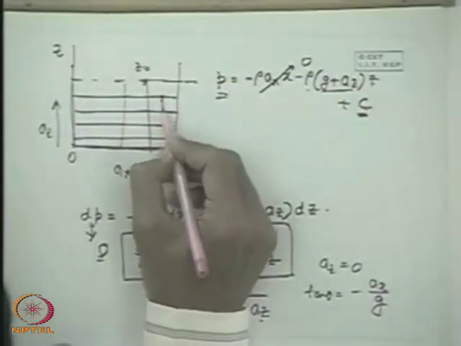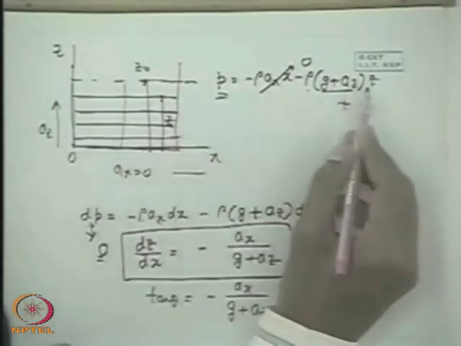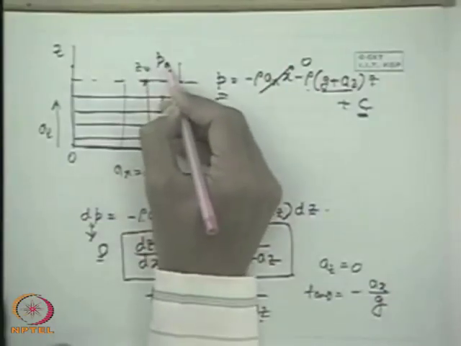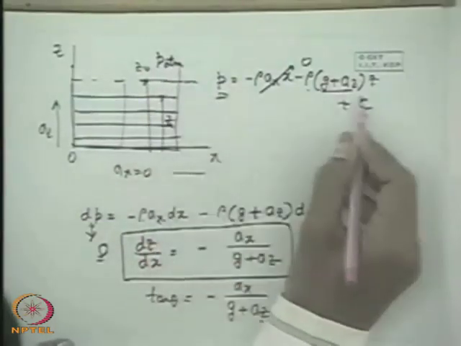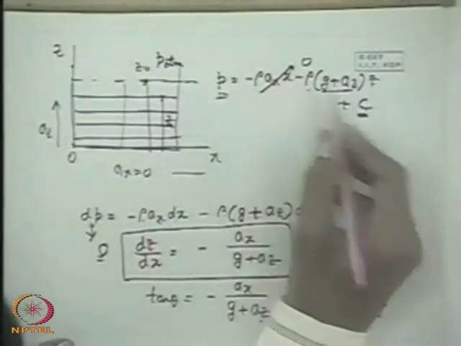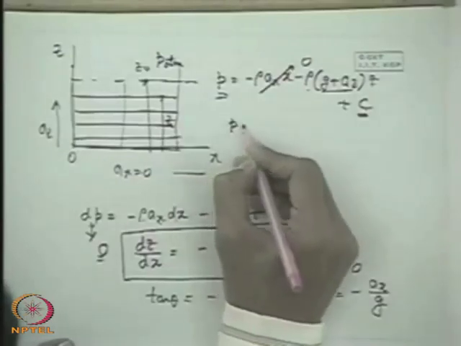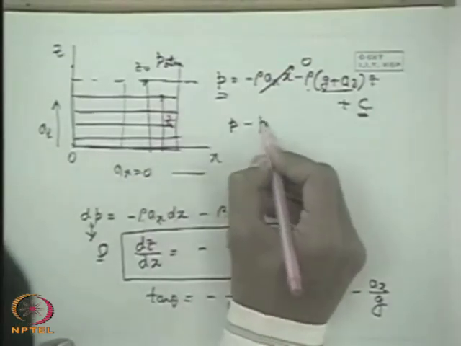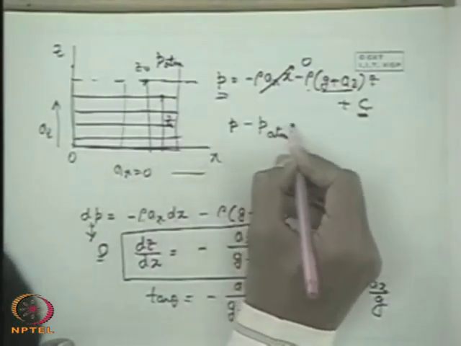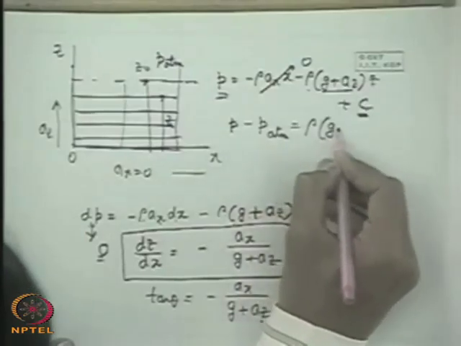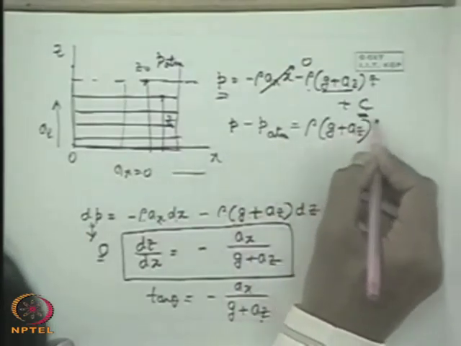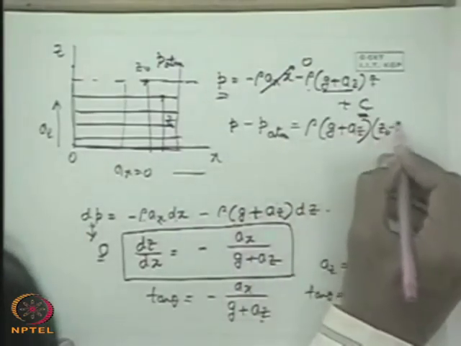and if another point we take z, by a simple application of this equation without ax, we can write P at any point minus P atmospheric is simply rho into g plus az into z0 minus z.